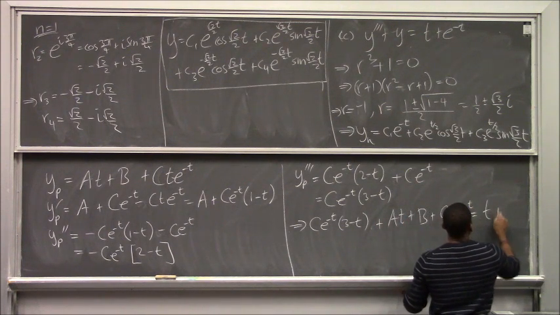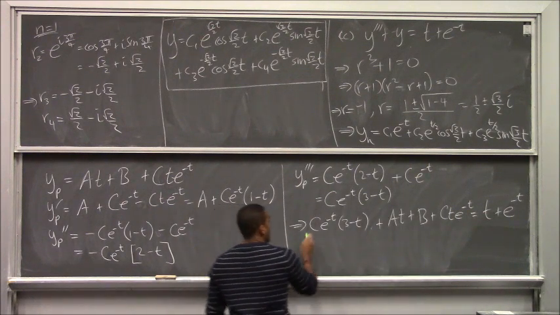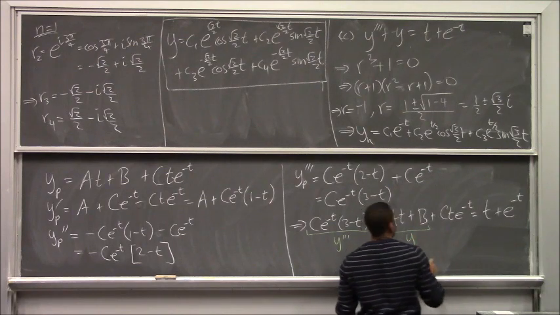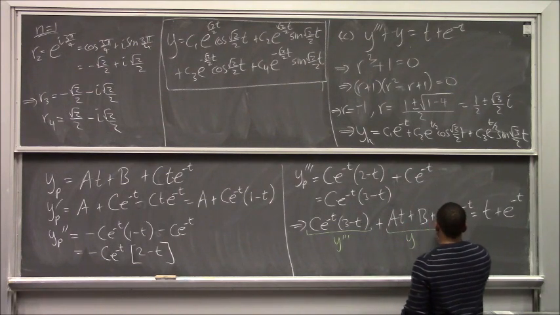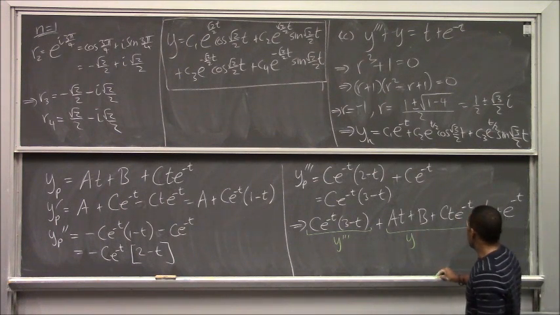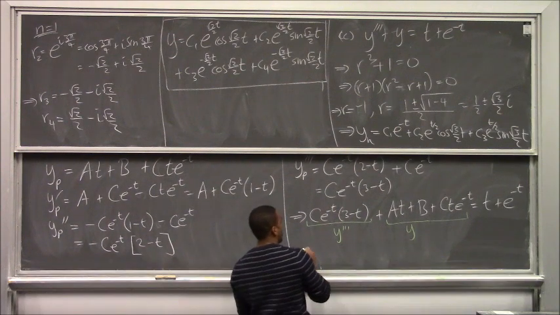That will equal t plus e to the minus t. And this here is my y triple prime. This here is my y. So y triple prime plus y equals this, and now I will group like terms.